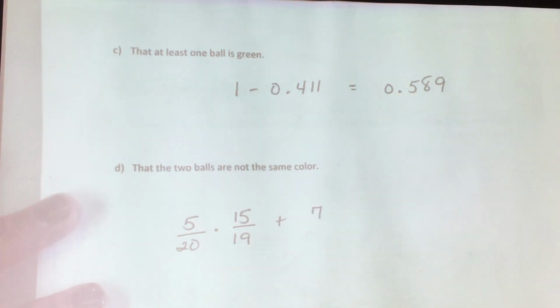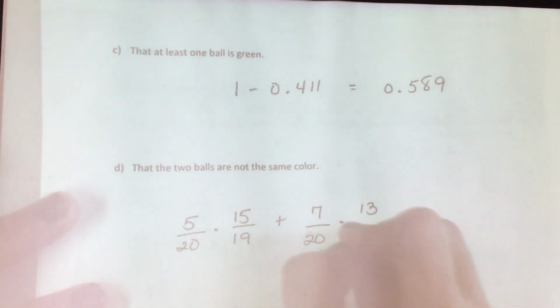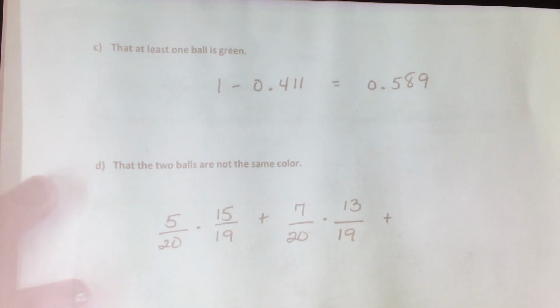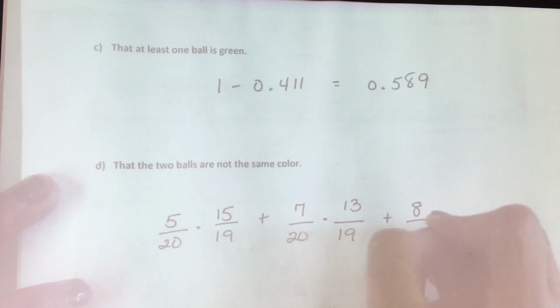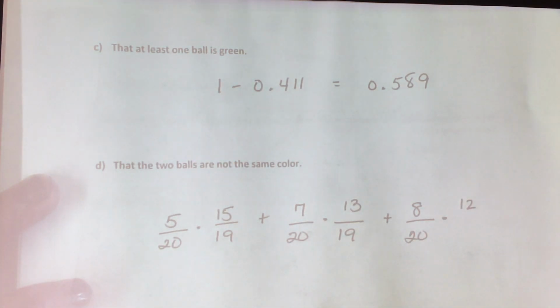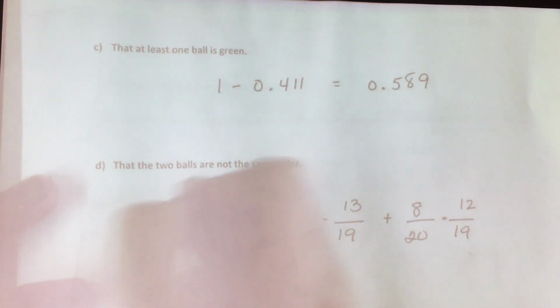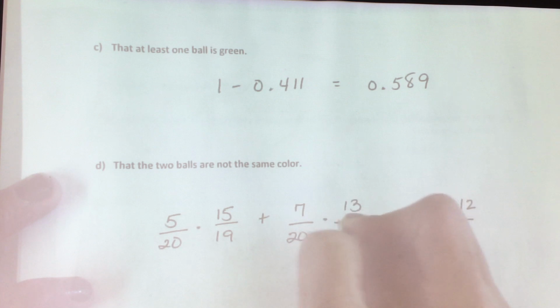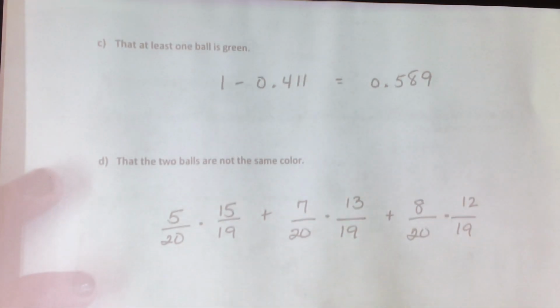We have 7 that are green, 7 out of 20, times 13 that are not green, 13 over 19. Now let's do the white balls. We have 8 white balls, 8 out of 20, times 12 that are not white, and 12 out of 19. So again, here we have the probability of red, not red, green, not green, and white and not white.